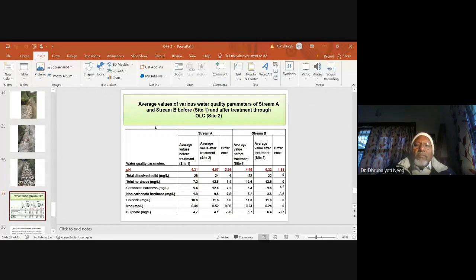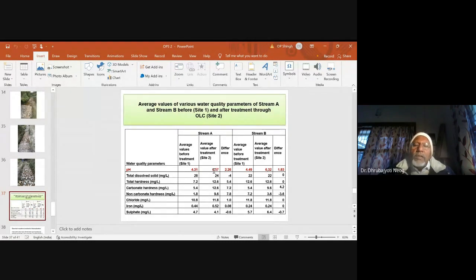Here is the data. The lengths of the two streams were different, and we put different amounts of limestone. You can see here what the pH was before treatment and what it became after treatment.